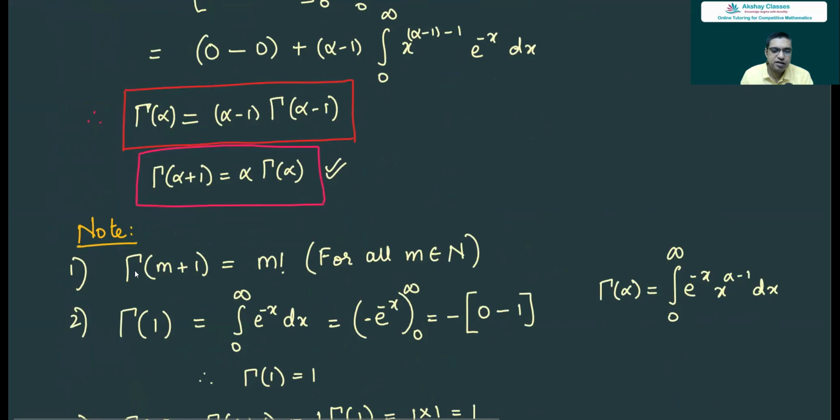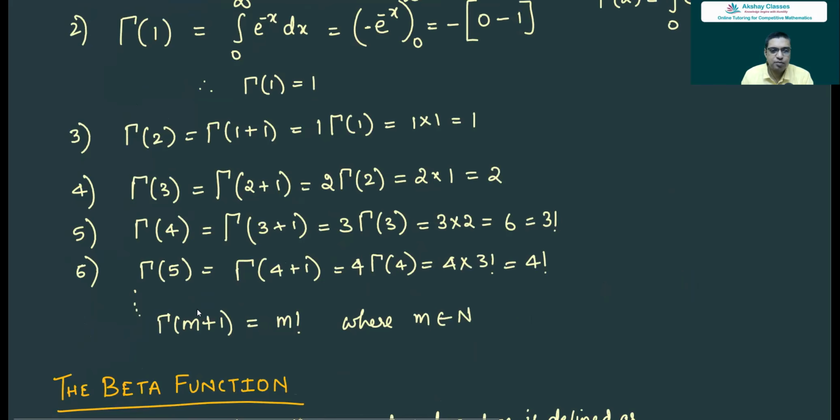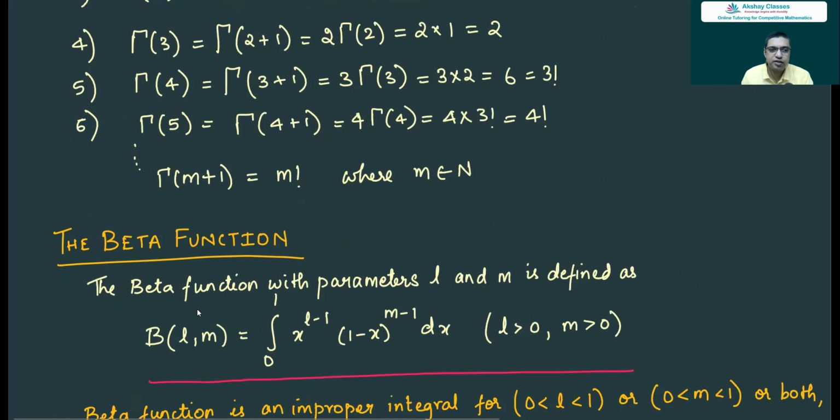So gamma of m plus 1 is equal to m factorial for m being a positive integer, natural number. Gamma of 1 is 1, gamma of 2 is 1, gamma of 3 is 2 factorial, gamma of 4 is 3 factorial, gamma of 5 is 4 factorial, and so on.